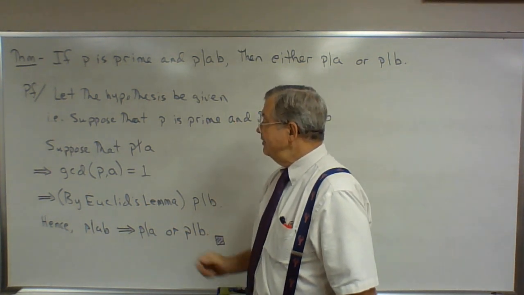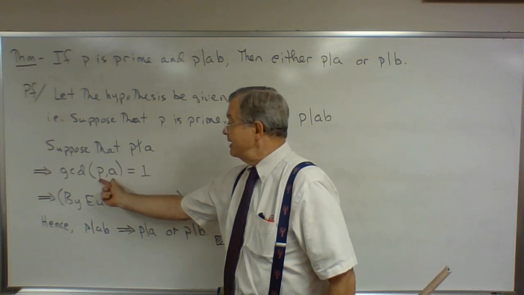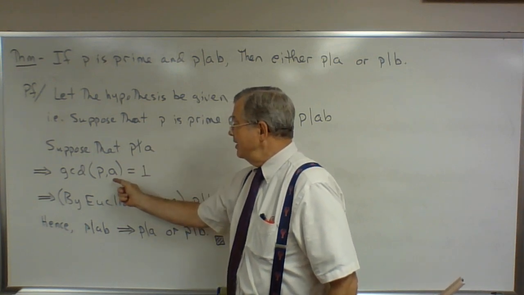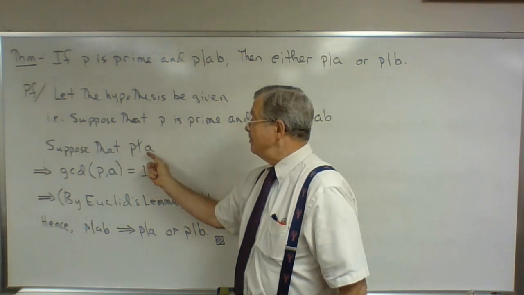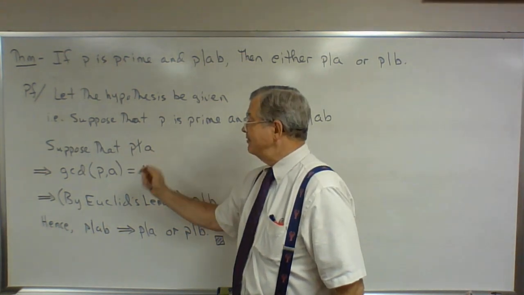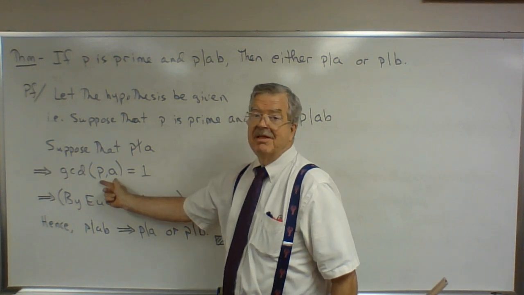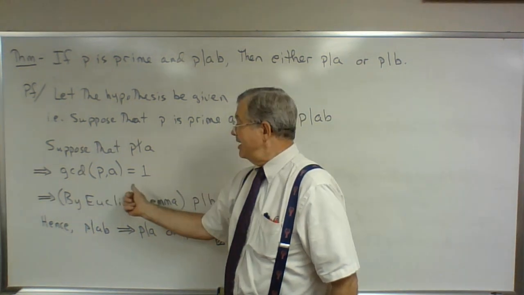So the only divisors that P and A could have in common are P and 1. And P doesn't divide A. So P is not a common divisor of both, which means the only divisor they have in common is 1.